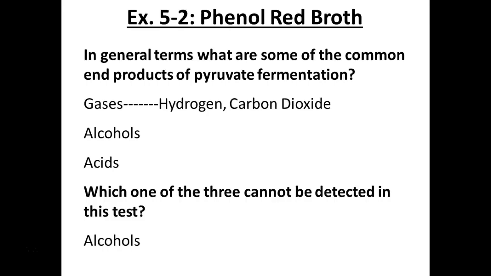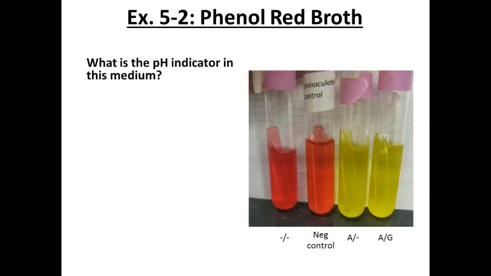A pH indicator, right? So we can tell a change in pH. We can tell if acids are produced. We can't tell alcohols, right? The only test that we do that tells us anything about an alcohol being produced is the VP test. It's the only test that deals with alcohol from the production from fermentation.